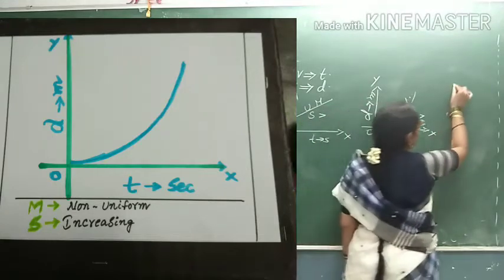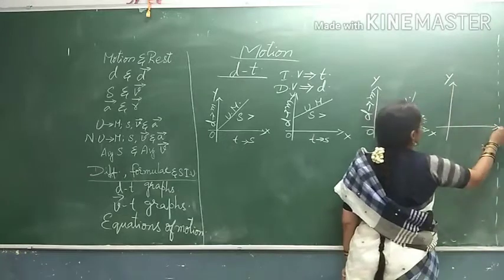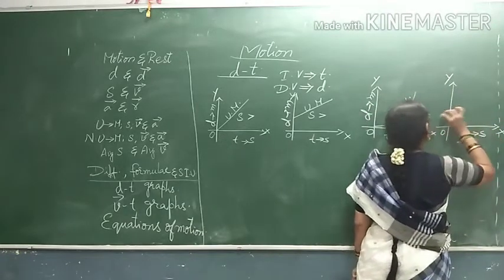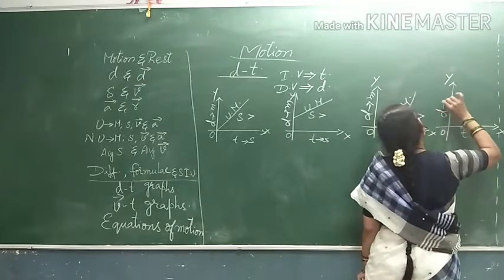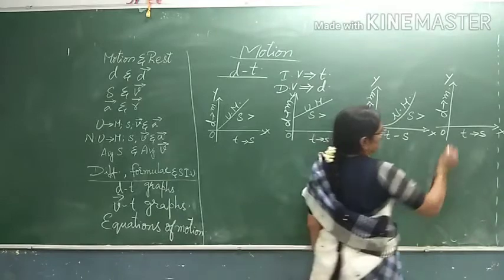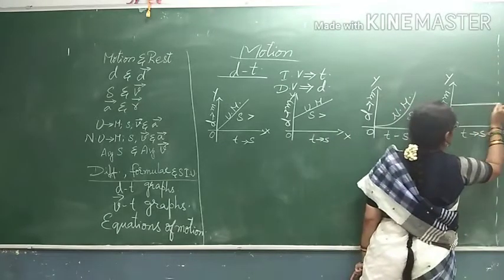Next graph. What can you observe in this graph? Once again, time on the x-axis and distance on the y-axis. Here the graph is parallel to the x-axis.